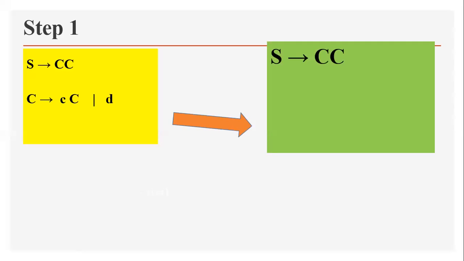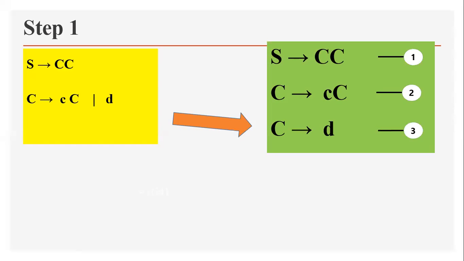As you already know, you worked with various examples, and you are getting how this particular process takes place. Step one, where we are separately writing the productions: S derives CC, C derives cC, C derives d. After that we are numbering them, that is 1, 2, 3.